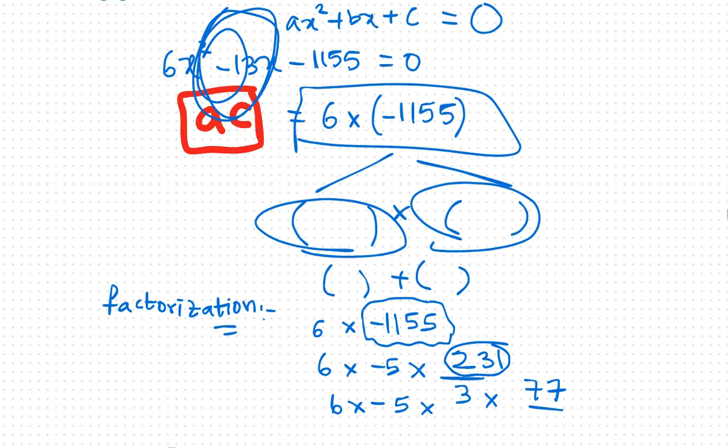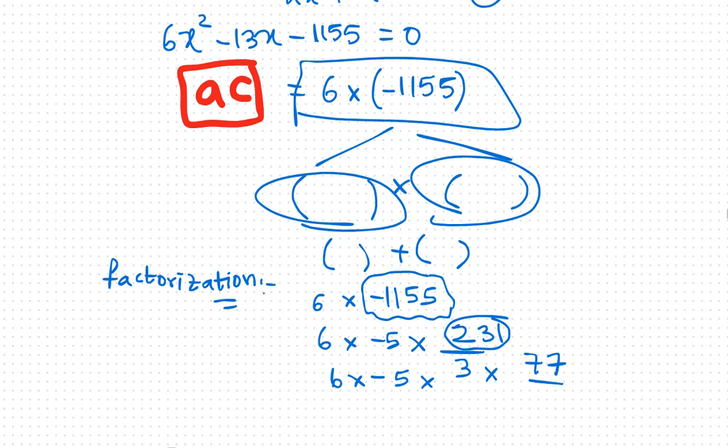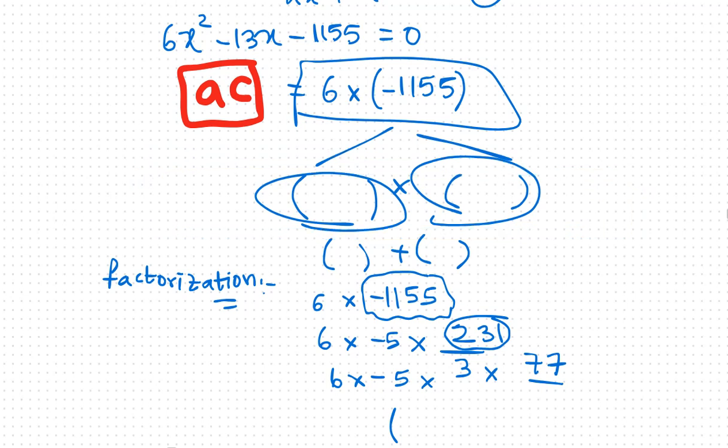You have to multiply either of those numbers. Ultimately, you have to combine some numbers and write it in this format: something into something such that they add up to negative 13. So I have to multiply either 6, negative 5, 3, or 77 to get 13.